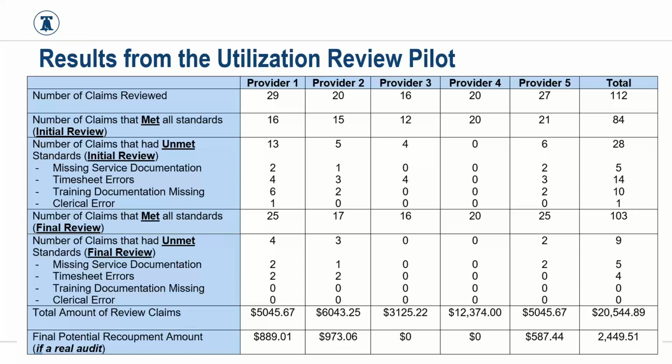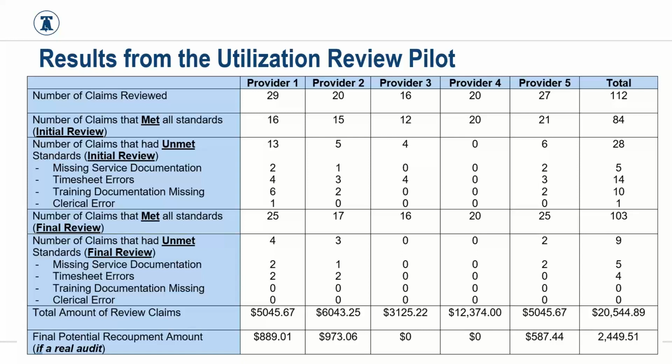And then you can see below, we have a breakout of how many did not meet standards. So there were 28 total at the initial review that did not meet standards. And you can see the reasons why. So there was either missing service documentation, there were timesheet discrepancies, there may have been training documentation missing, and in one instance we had a clerical error.